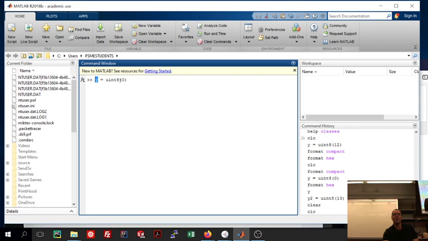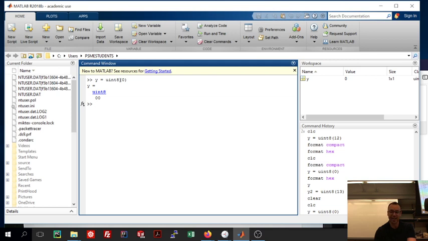How many bits am I dedicating to this variable? 8 bits, because the data class is uint8. What does uint mean? Unsigned integer. Could you guess how to break the uint8 data class?